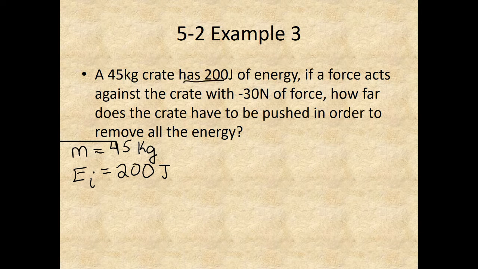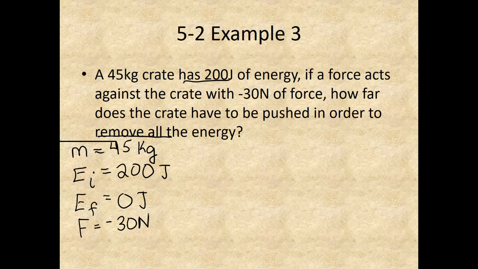The crate has that much energy. So because we're observing the past tense, this means that it was the initial state. And since we want to remove all the energy at the end, this gives us the final energy of 0. Now the force that acts on the crate is negative 30 newtons.